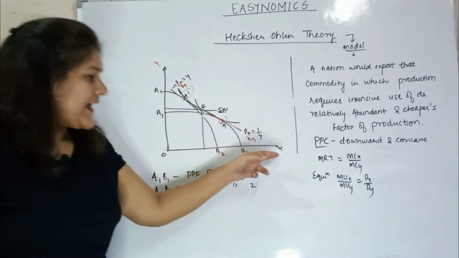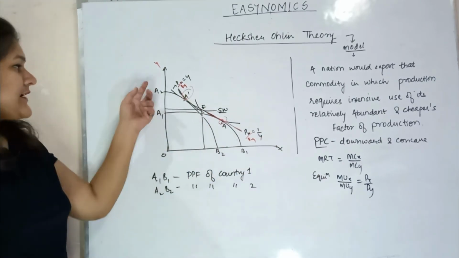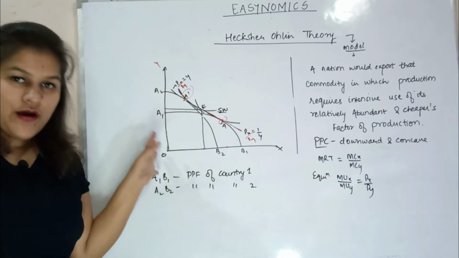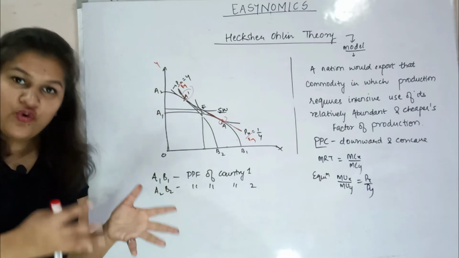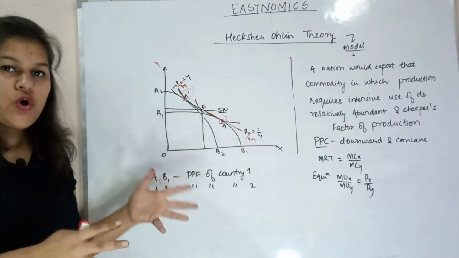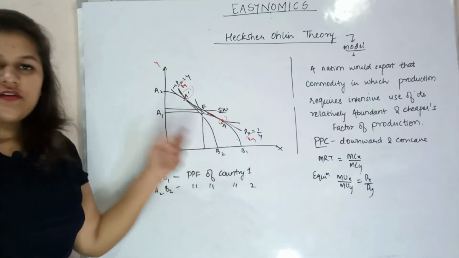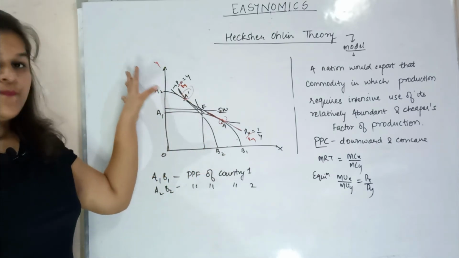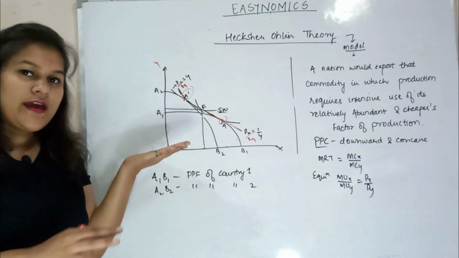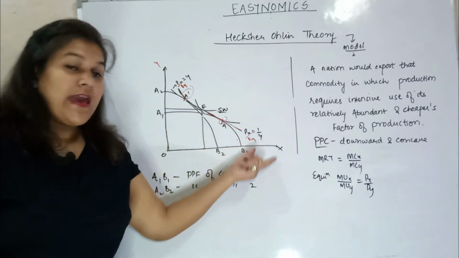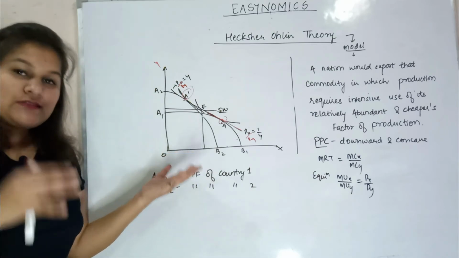So country 1 will increase the production of good X, and similarly good Y can be produced 4 times cheaper in country 2. So country 2 will produce more of good Y and less of good X, and country 1 will produce more of X and less of Y.